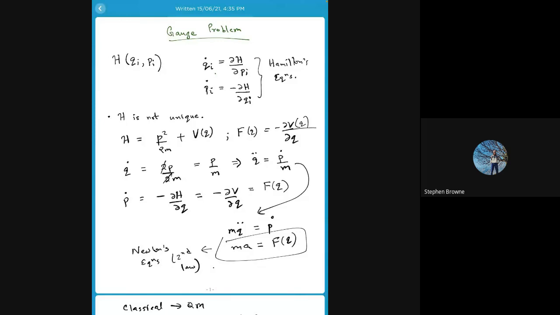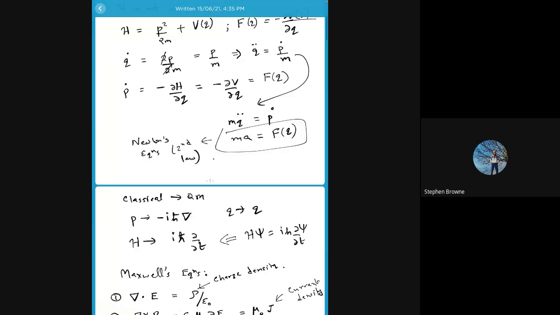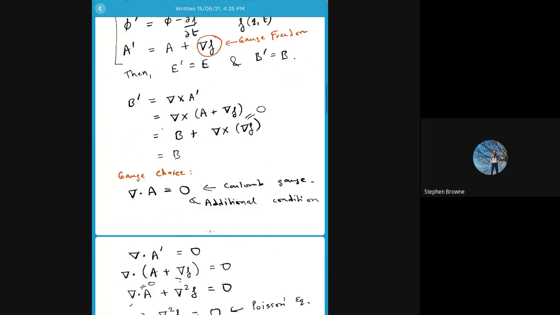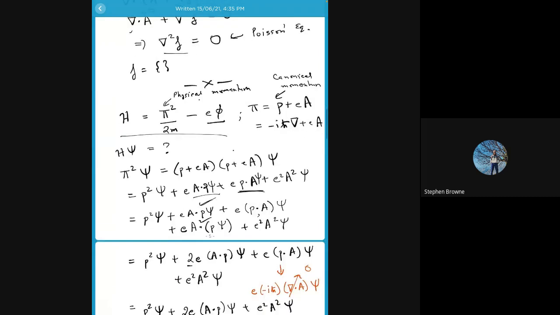Yes, ma'am. Okay. So last time we spoke about the gauge problem. We also derived the Hamiltonian in a magnetic field, and we evaluated some of the terms.